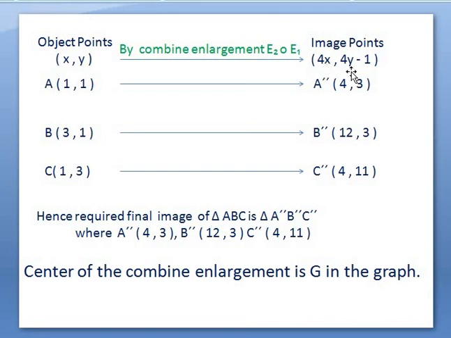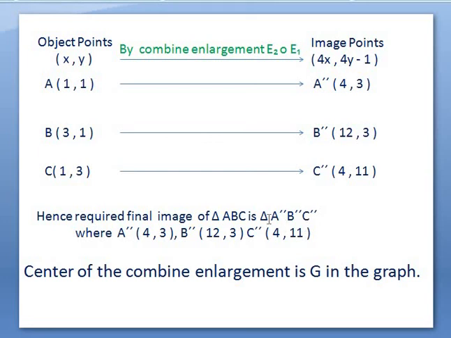When you put the value of x, y, you will get this. After simplifying, you can do this yourself. C also can be transformed to this form. So the required final image of triangle ABC is A double prime (4, 3), B double prime (12, 3), C double prime (4, 11), and this is the final answer of the first part.